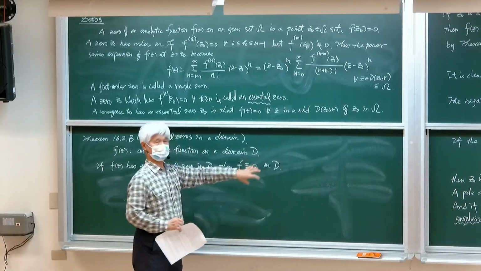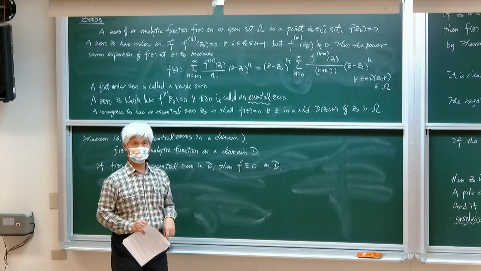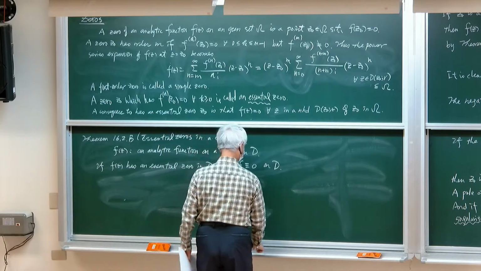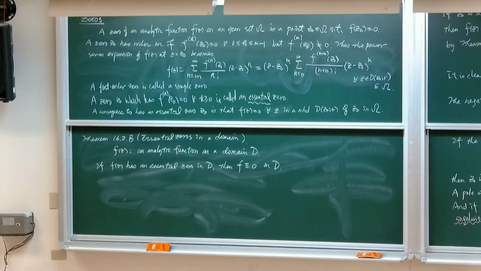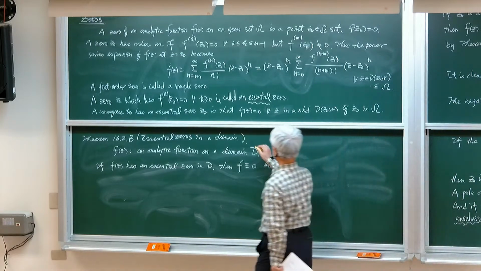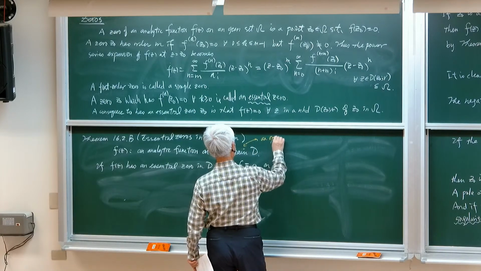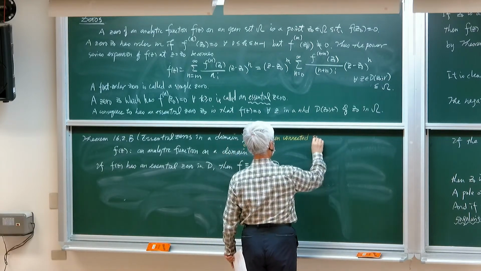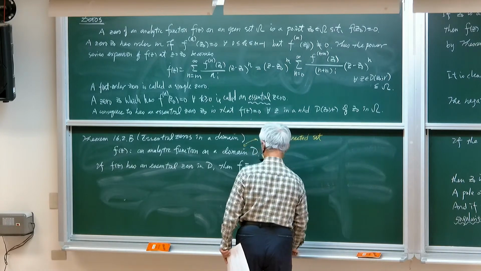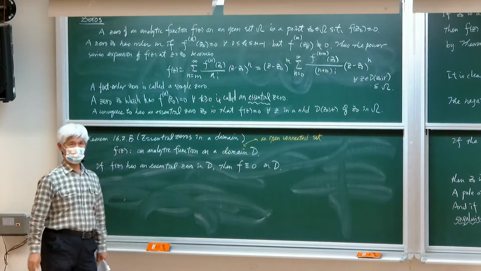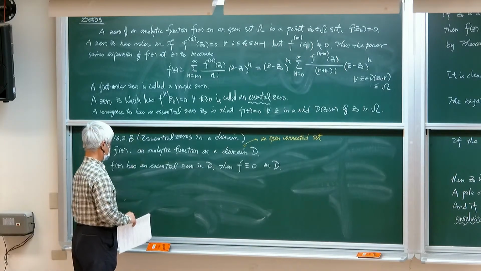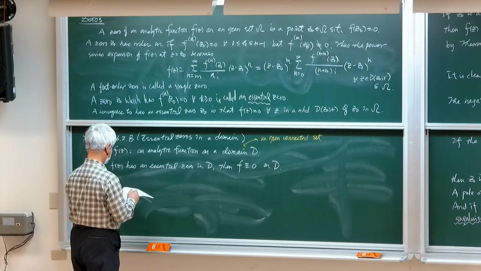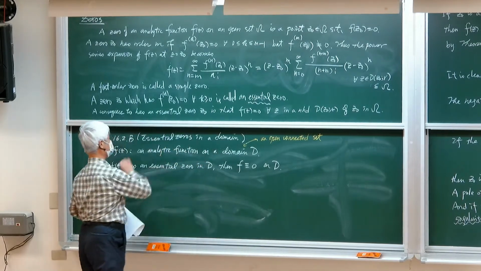The function will be 0 for all points in this domain, because a domain is an open connected set. So this is the essential zero.